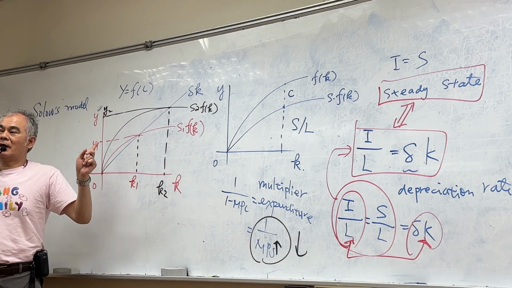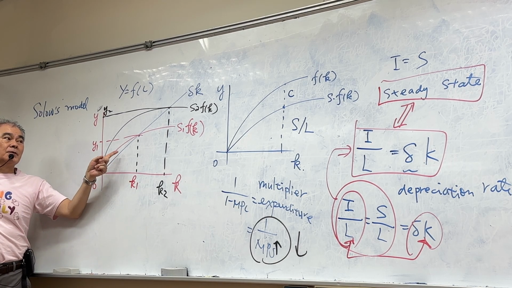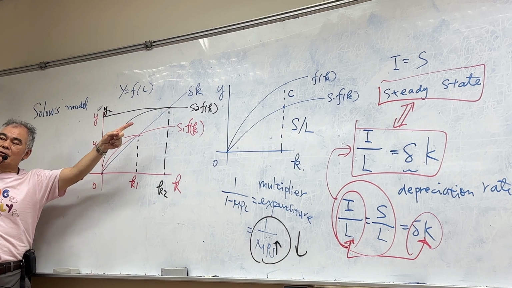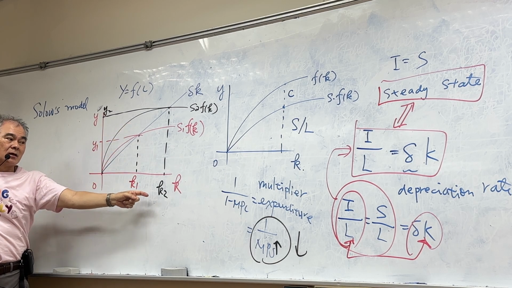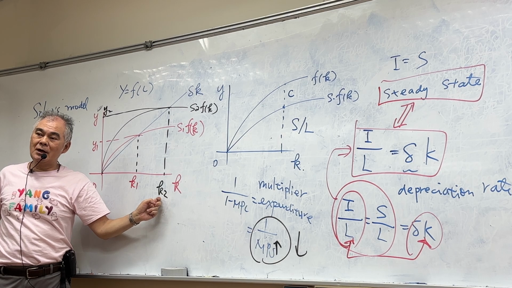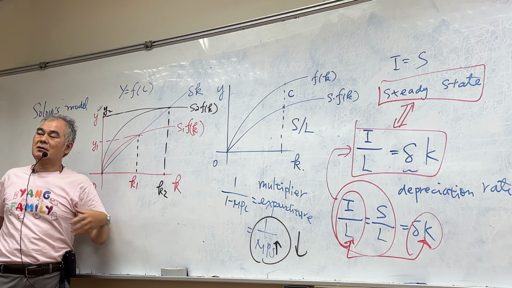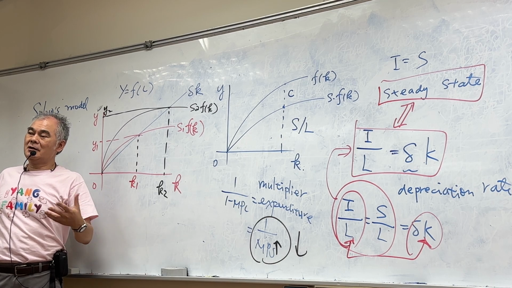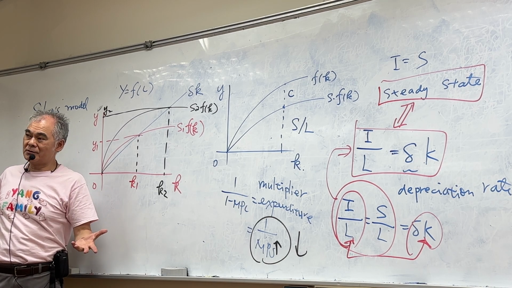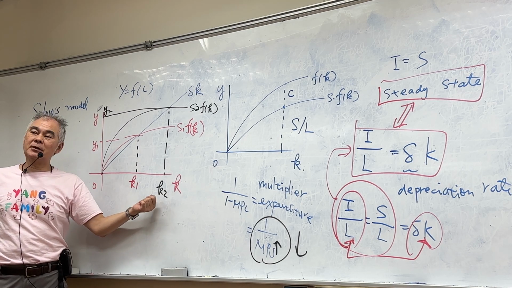What about Solow's model? For Solow's model, what do you get? If you have a higher saving rate, it means per person capital is going to go up. The more capital you have, it means you have more wealth, you have more assets. So basically, you become wealthier.